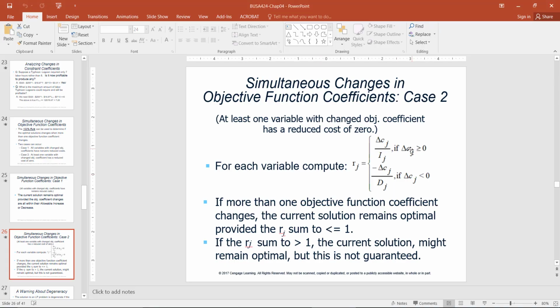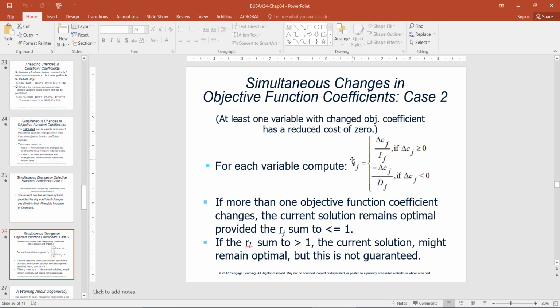So whenever we change any parameter, if I increase it, I need to divide delta Cj by Ij, the value that I'm allowed to increase. And whenever I reduce the Cj, I have to take minus delta Cj over Dj, the value that I'm allowed to decrease. Either one of these cases happens, and I get a value for Rj.